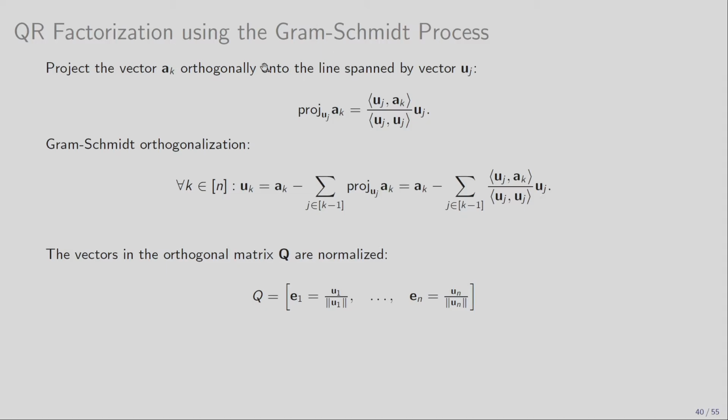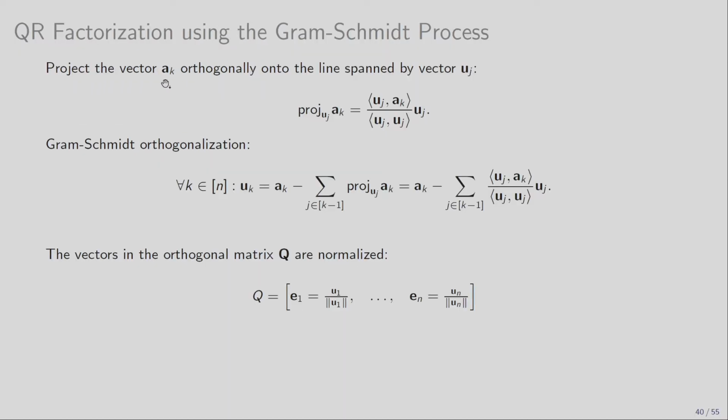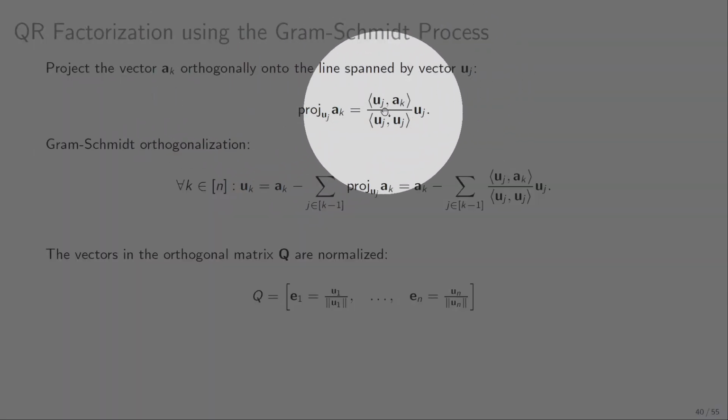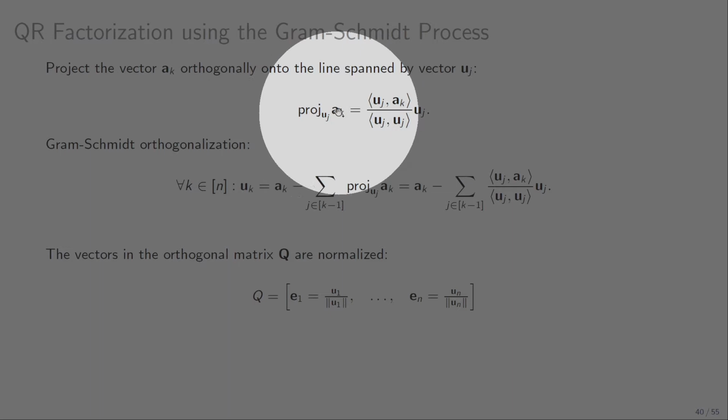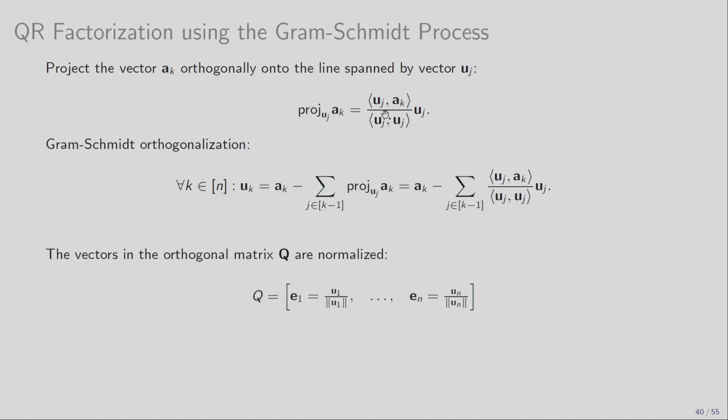And we do a so-called projection of this AK. The definition of this projection that I will use later is this: to project the vector AK orthogonally onto the line spanned by a vector uj, you have this formula, which says the projection of AK onto uj is the dot product of uj and AK over the norm of uj squared, times uj.